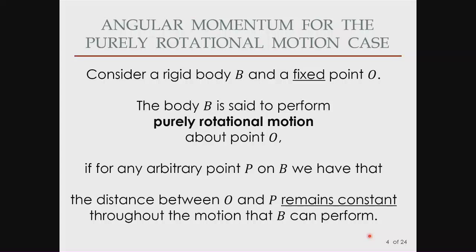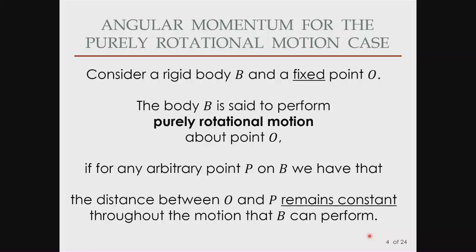Now, if this body is doing this, you can't see well, but I can also take it not just in the plane, but also outside of the plane, okay? It can do a spherical orbiting about this point O, okay? As long as I keep all the distances between this rigid body and point O the same throughout the motion, it's purely rotational.